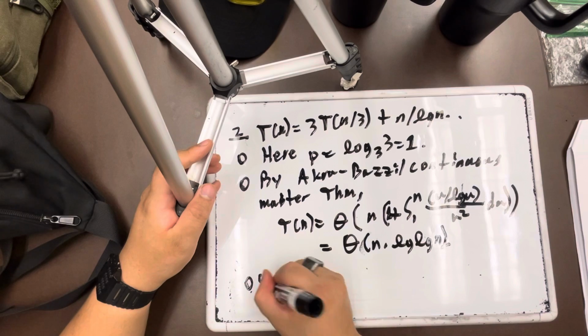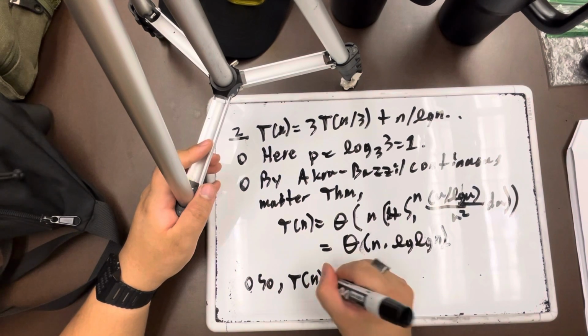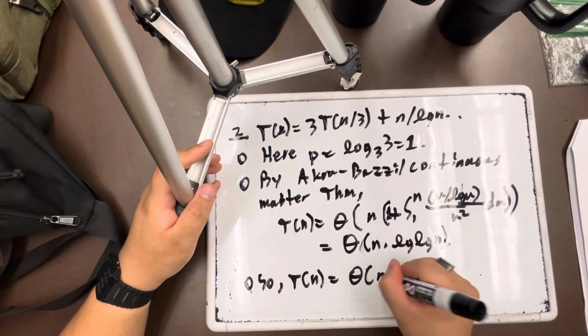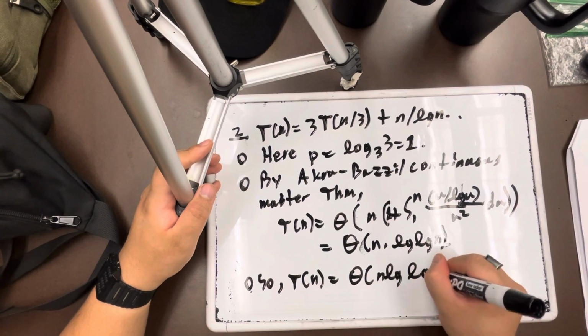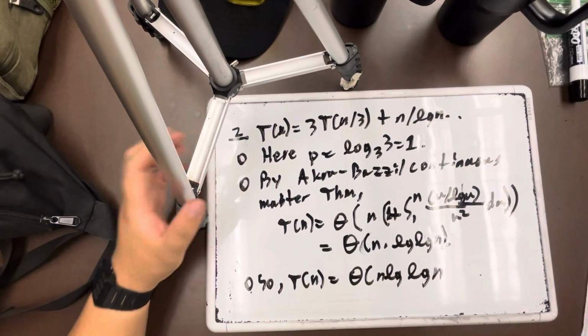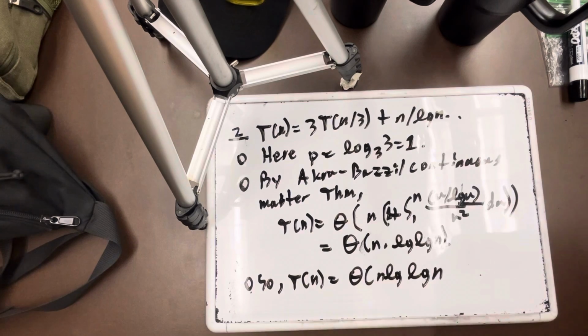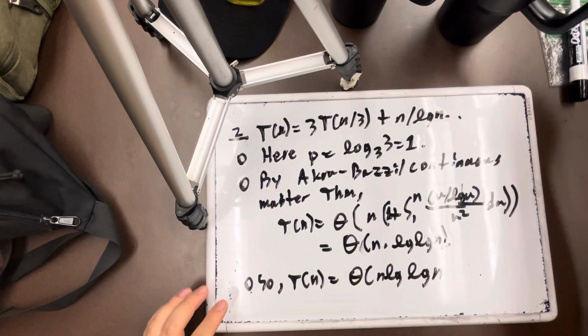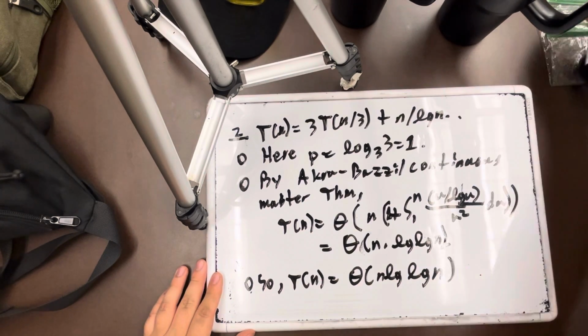So T of n is equal to theta of n log of n. All right, and that's it for the second part. So now let's move on to the third part.